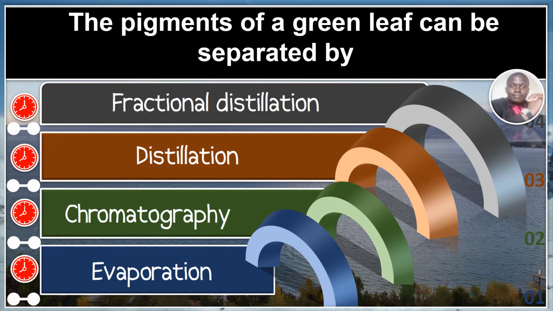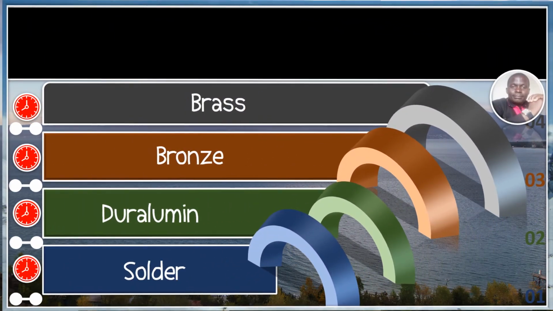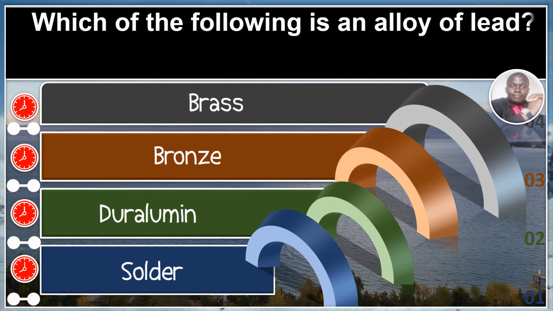The pigment of a green leaf can be separated by chromatography. Which of the following is an alloy of lead?